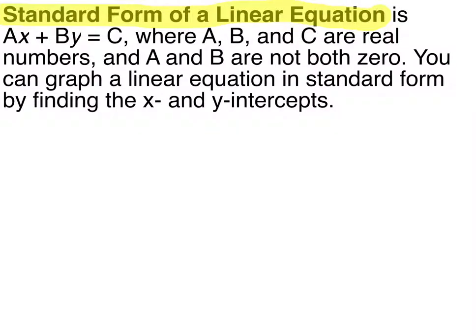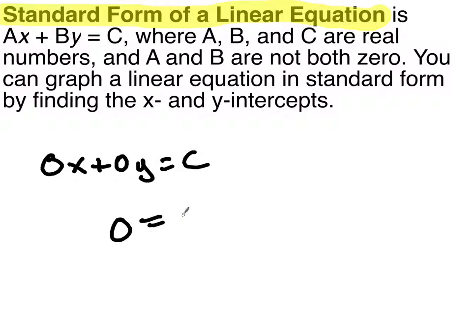Alright, standard form of a linear equation, ax plus by equals c. A, B, and C all have to be real numbers, where A and B are not both 0. Why can't A and B both be 0? Well, if A is 0 and B is 0, then what we have is 0, because 0 times anything plus 0 times anything is 0, equals C. So we know 0 equals 0.